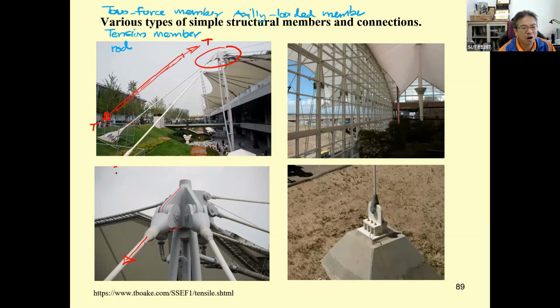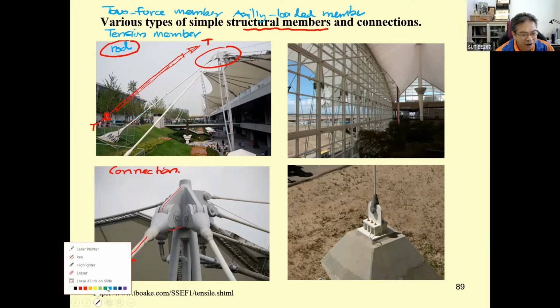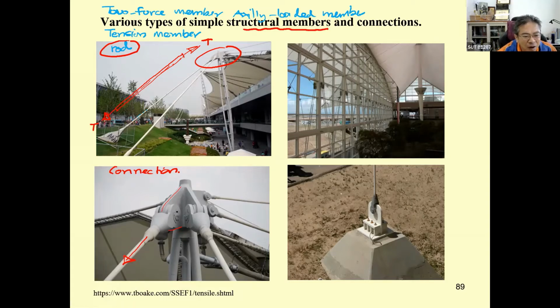This one we call connection. The connection is going to connect the structural member, which we may call the rod, to the support. And you can see the support over here has the pin that goes to this portion.